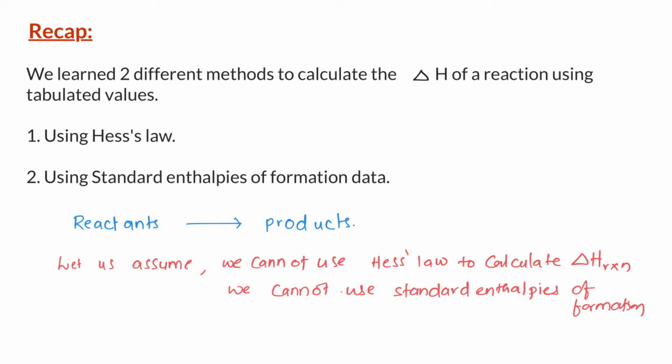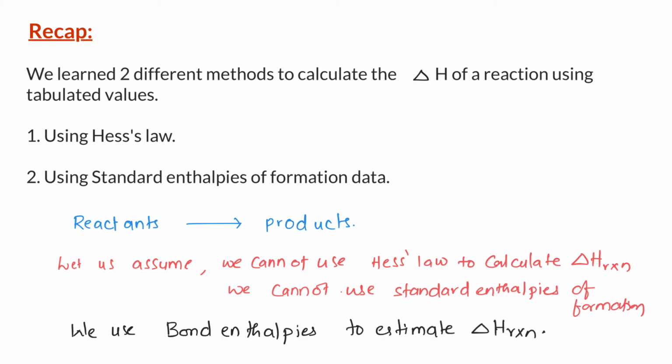Now, how would you determine the enthalpy change of such reactions whose enthalpy change cannot be calculated by using Hess's law or standard enthalpies of formation data? In such cases, we use average bond enthalpies to estimate or approximately calculate the enthalpy change of the desired reaction.